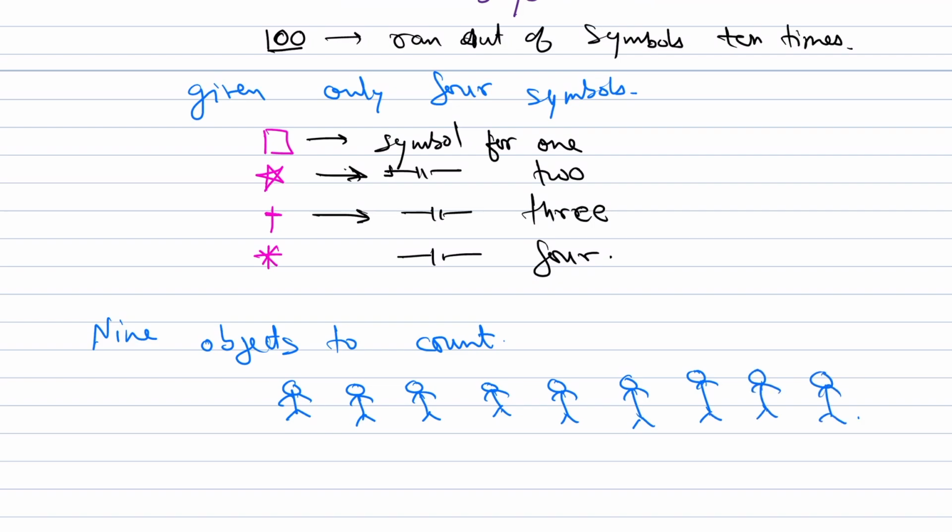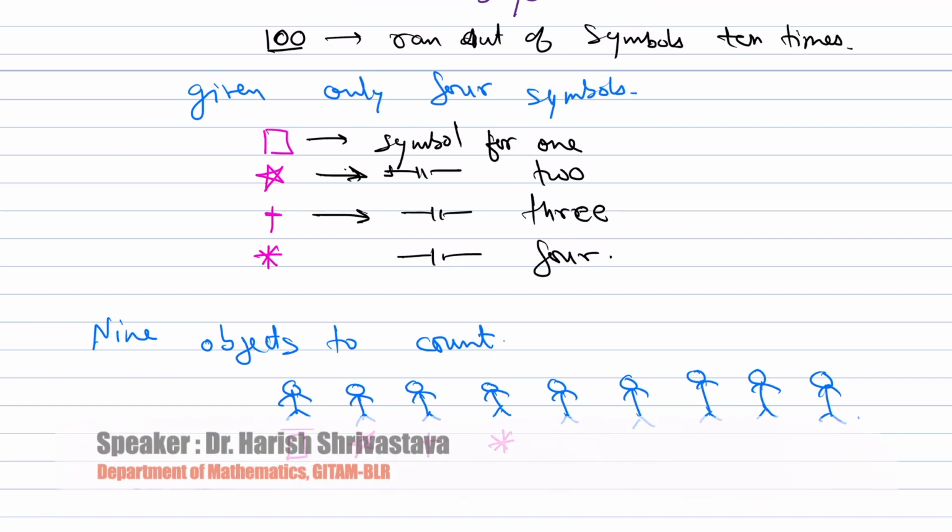I am only given these 4 symbols, and I have to use them to keep a count of these stick figures. So let's begin. This is the first one, this is 1, this is 2, this is 3, this is 4. I ran out of symbols.